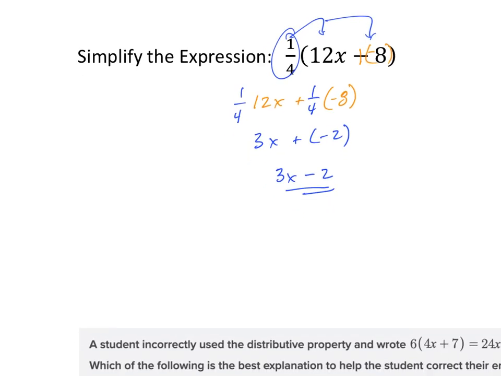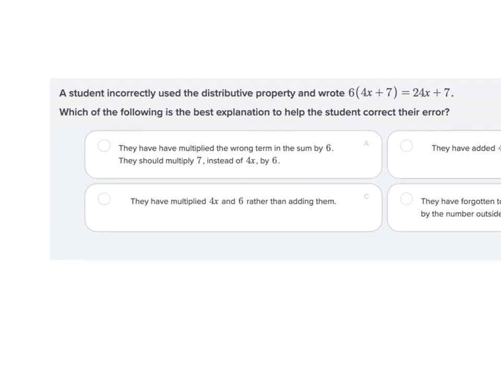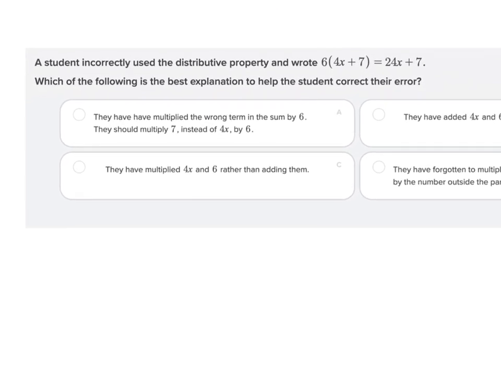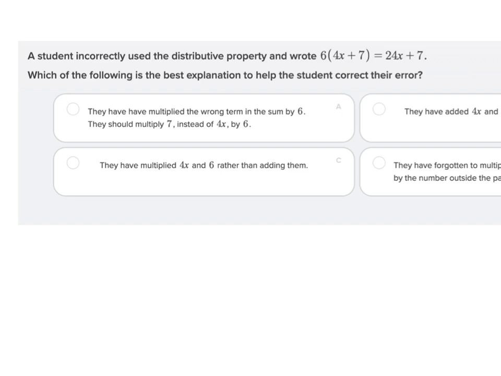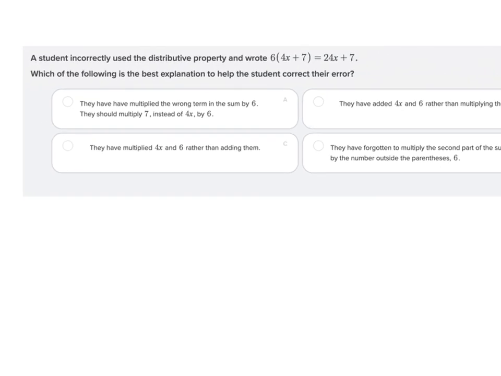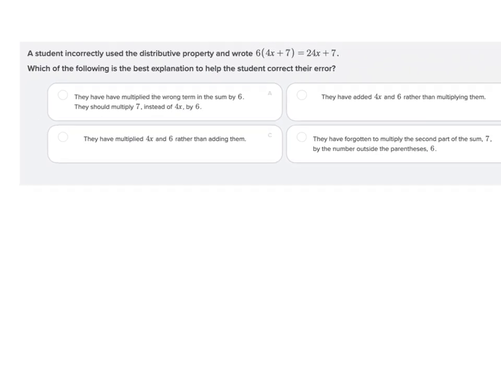Okay. So they're asking you on this problem to look at it and determine what was their mistake. So this means you got to understand what you're doing a little bit. And this is the most common mistake because people forget, right? It says they have multiplied the wrong term in the sum by 6.